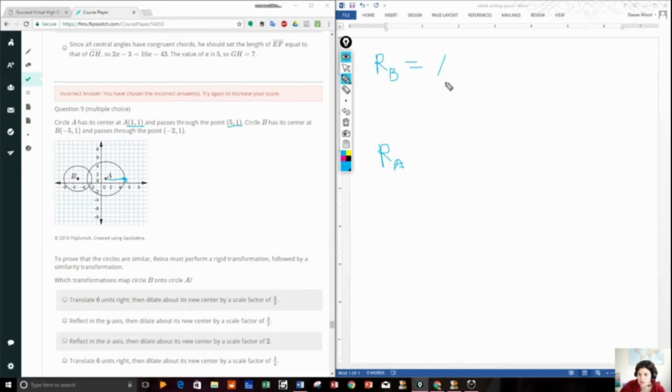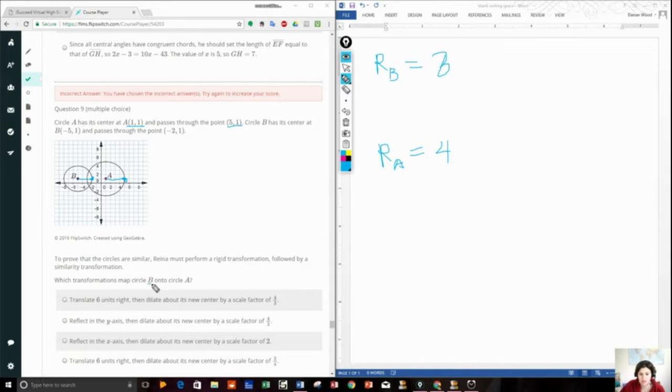It's 4 units, and that's for circle A. And then for circle B, it has its center at (-5,1) and passes through the point (-2,1). Okay, so that's on the edge. So then my radius is from the center to the outside edge. 1, 2, 3. And so our radius is 3.